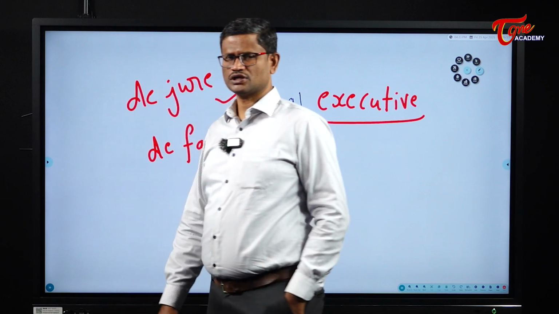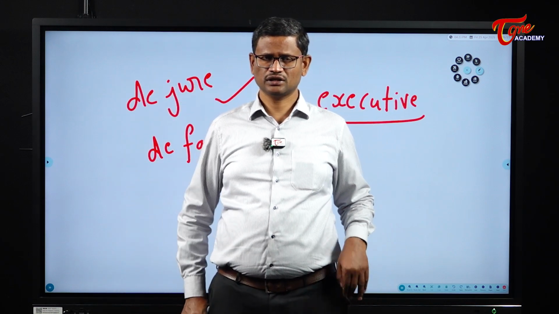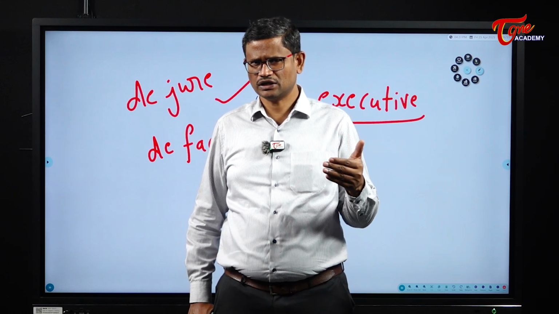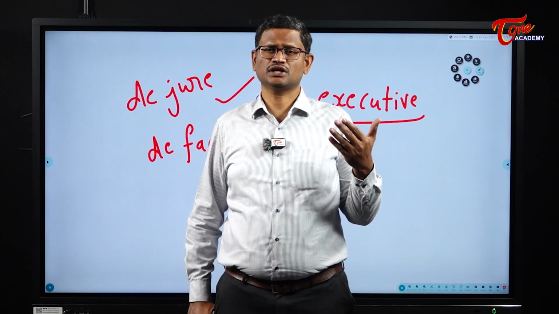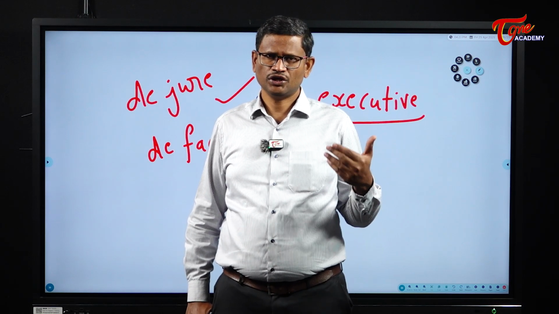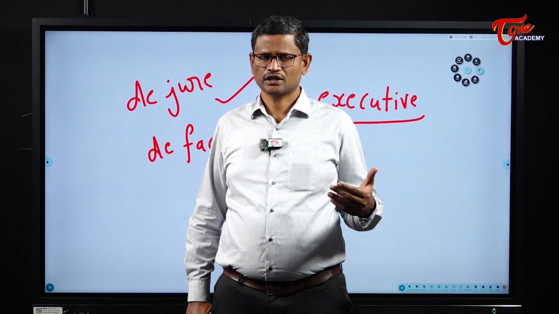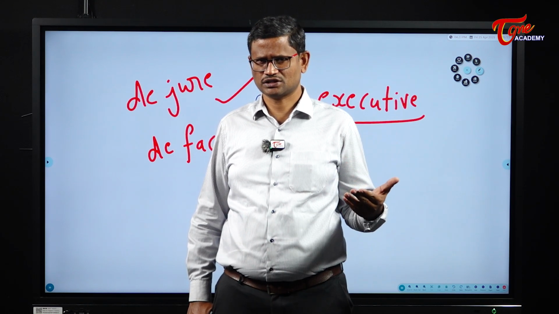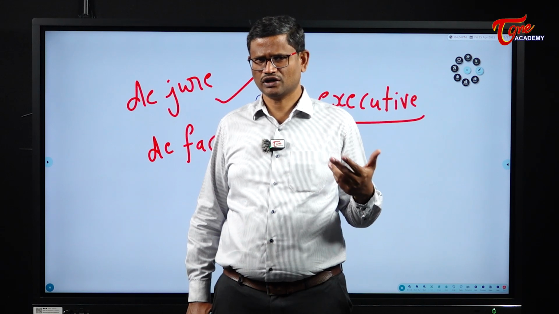So the entire administration is carried on in the name of the president, but the president doesn't govern the nation. So this is fundamentally different from presidential democracy which we had in United States of America. In United States of America, the American president is both the head of the American nation state and also the head of the government.